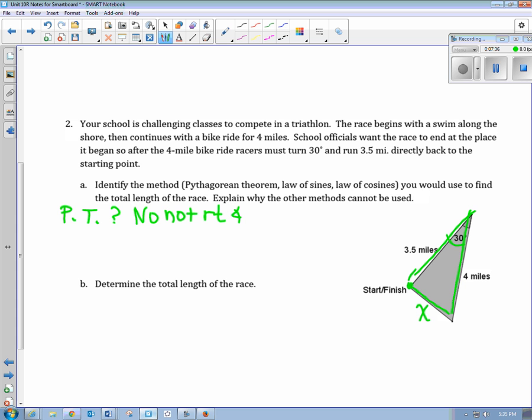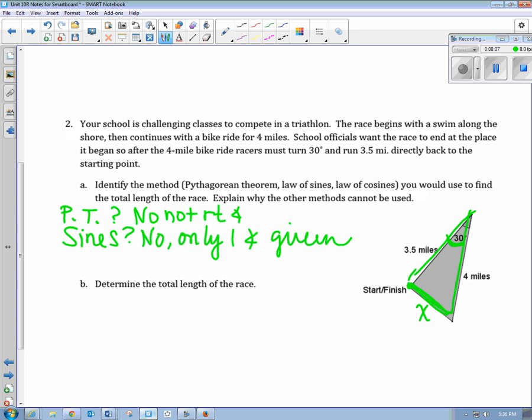When I look at law of sines, I do have one side and an angle across from it, which is helpful, but I don't know nor can I find either of the two angle measures. So the answer is no, only one angle given, and we would need to know or be able to find another one in order to use that.